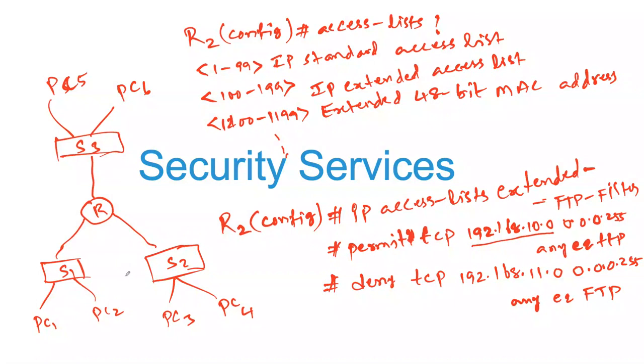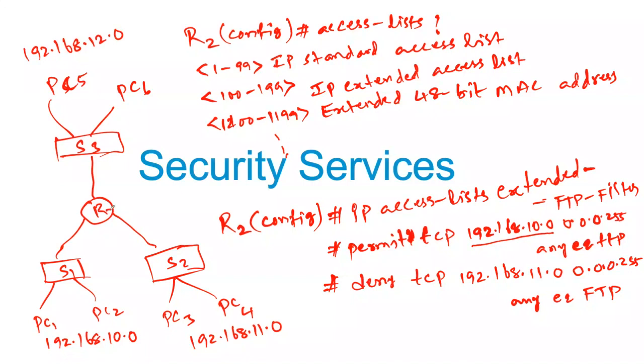They will be identified with their network. Let us assume that this network side is 192.168.10.0, this network is 192.168.11.0, so I'm using the first 3 bytes to represent the network address, and this side network is 192.168.12.0.